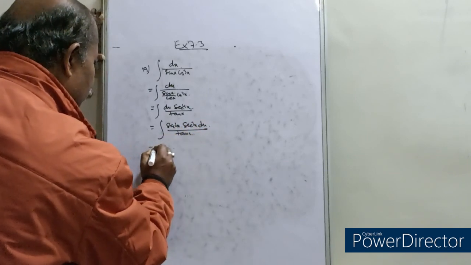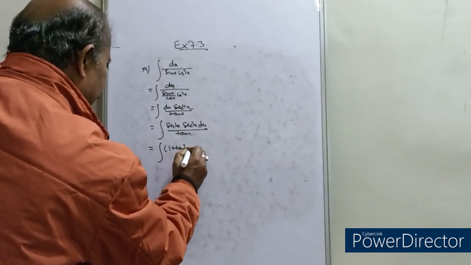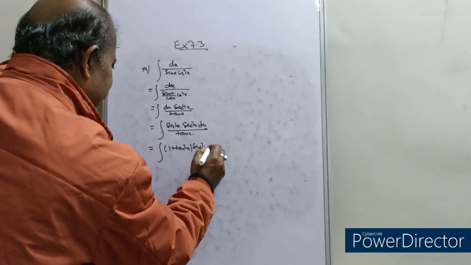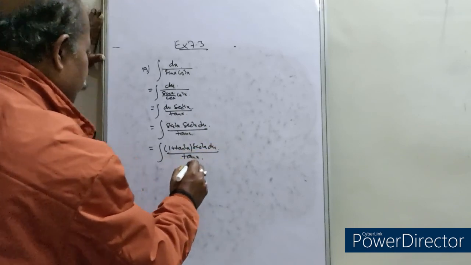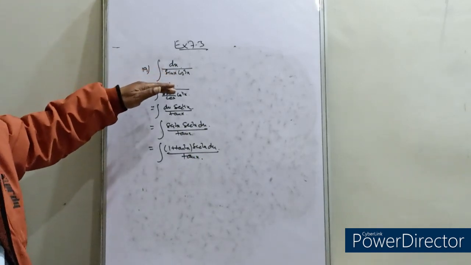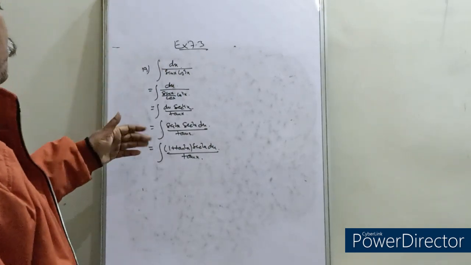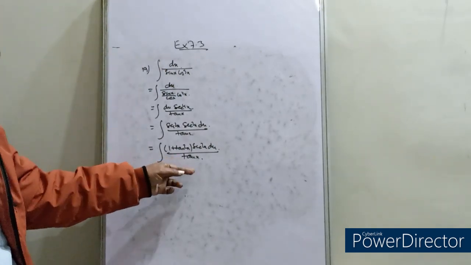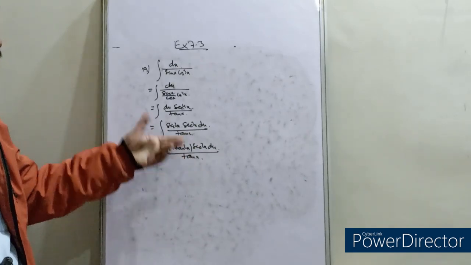So this will be equal to 1 plus tan square x, sec square x dx by tan x. See, always try, when the term is in the denominator, to bring it to the numerator. When you bring it to the numerator, it becomes easy for you to solve it. So now the question is solved. You take tan x is equal to t, everything is solved.